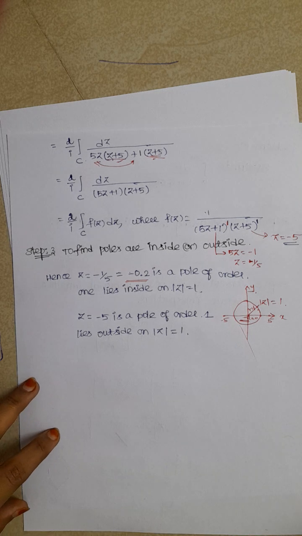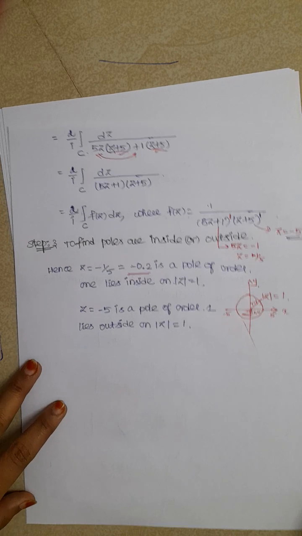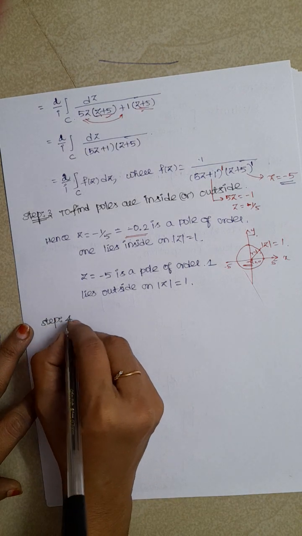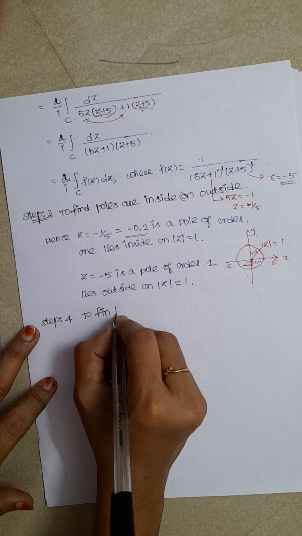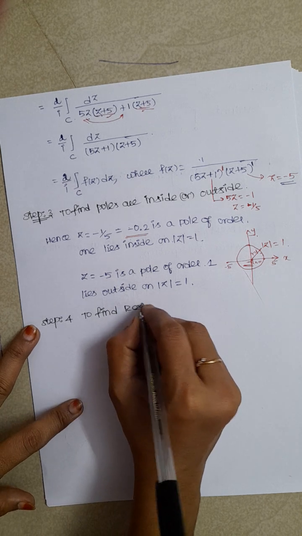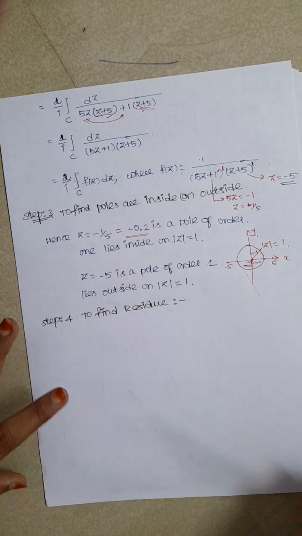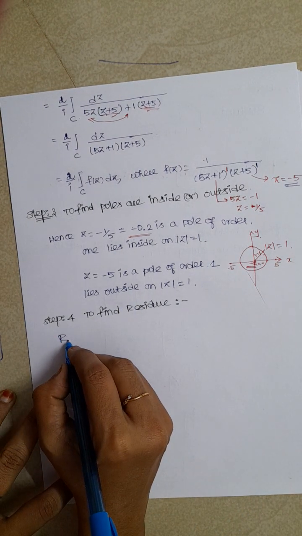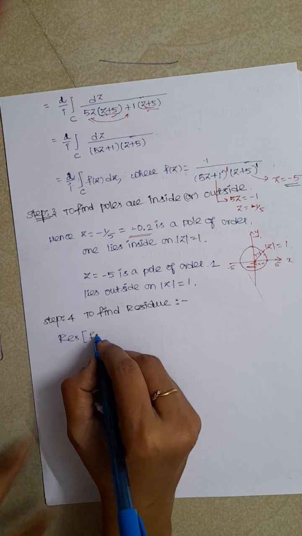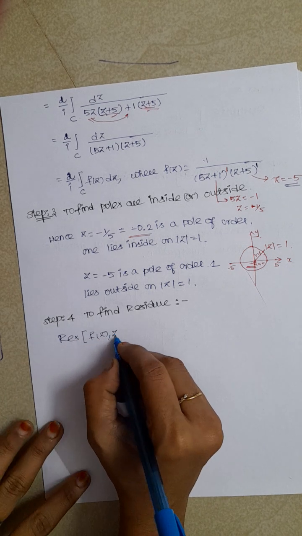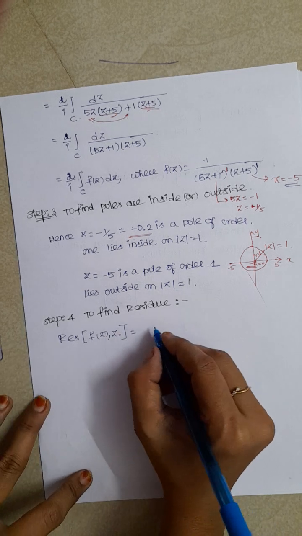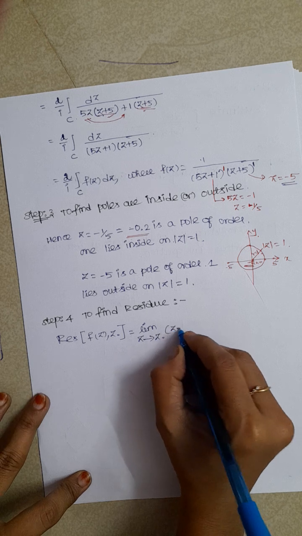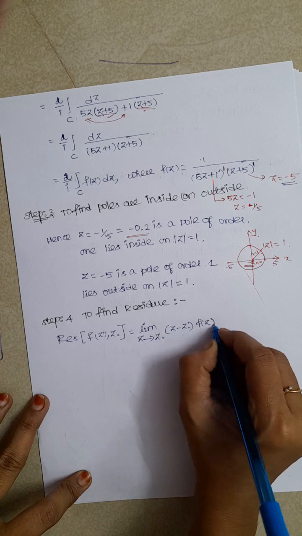So next step, to find the residue. The residue formula is residue of f of z at z naught, which is equal to limit z tends to z naught of z minus z naught into f of z.